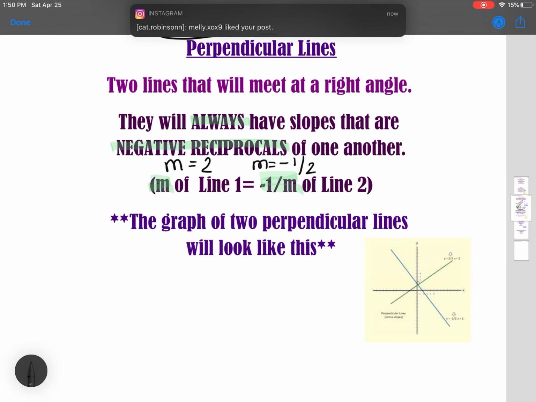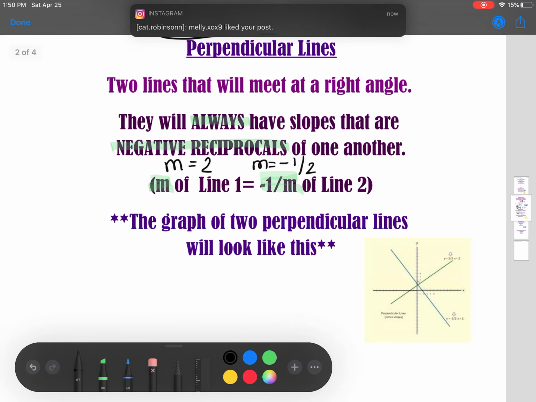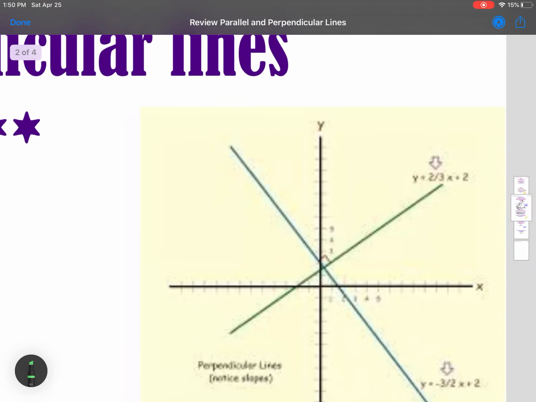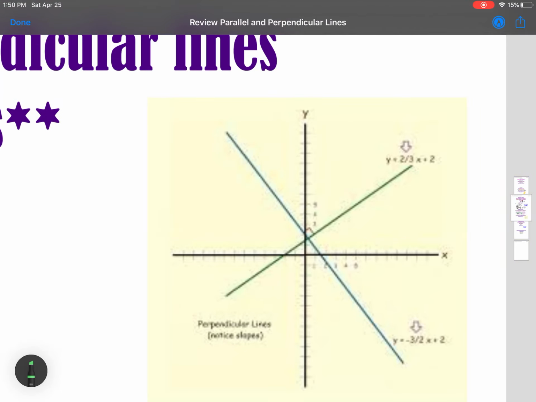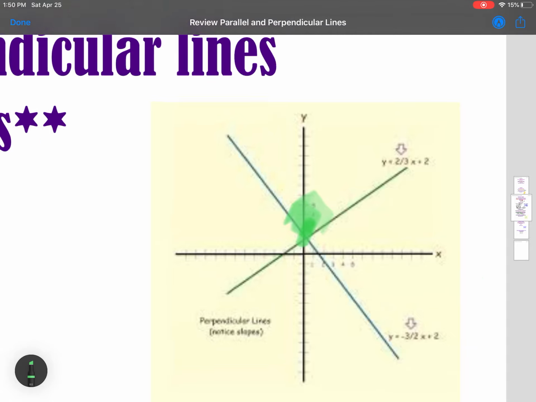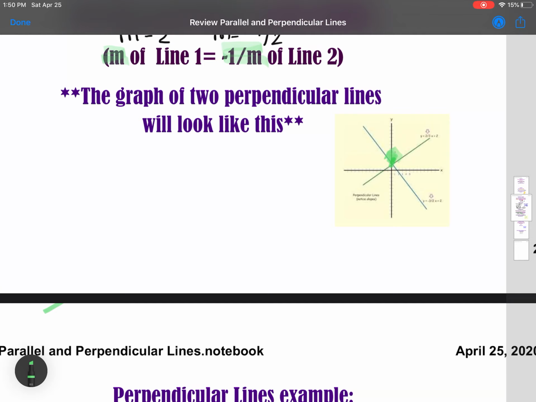Okay, and the graph of two perpendicular lines is going to look something like this. They even drew the right angle on this picture. We'll always have a 90-degree right angle between them, and it'll look like it crossed in an X motion.